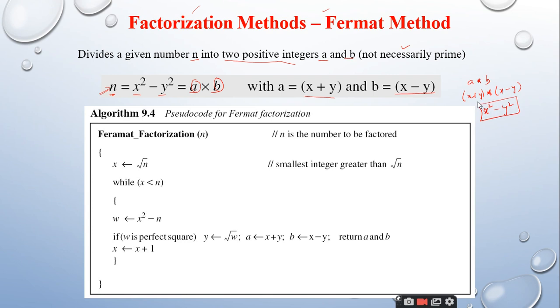This is the simple technique Fermat has used. In this method, the input given to the algorithm is nothing but a number n. Is it clear up to this point?